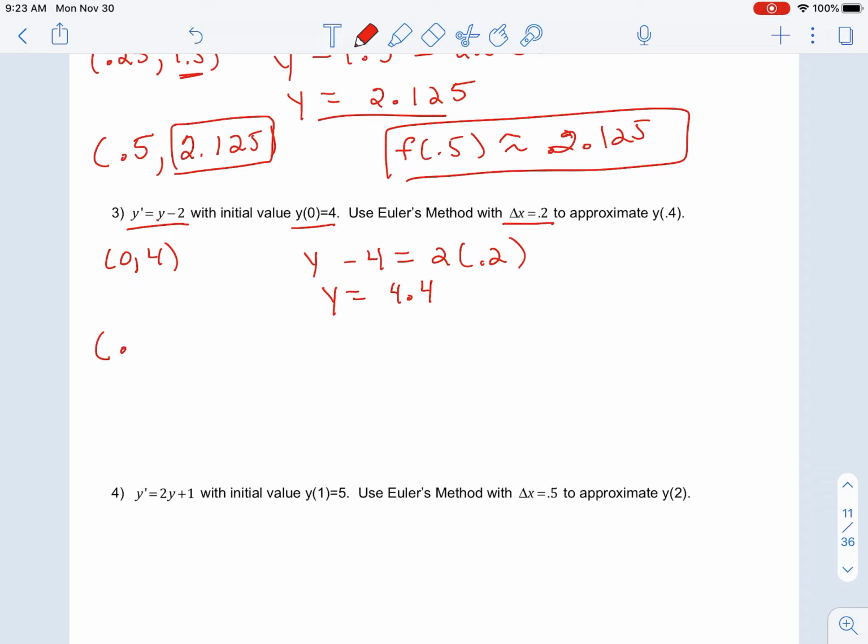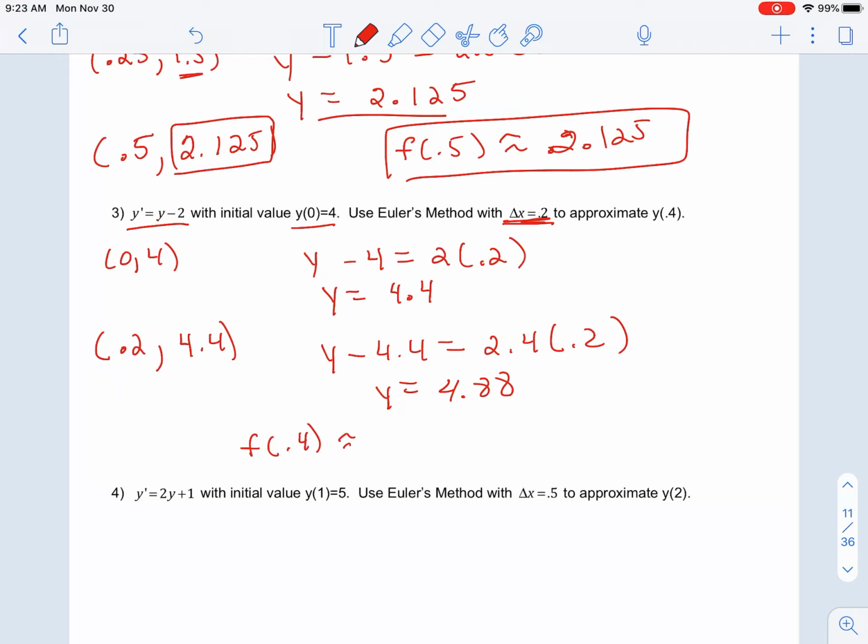My next point, my x goes up by delta x, which is 0.2. My new y value is 4.4. Y minus 4.4 equals slope, ends up being 2.4. And again, you can use the scientific portion of your calculator if you need to. This ends up being 4.88. So then f of 0.4 is approximately 4.88.